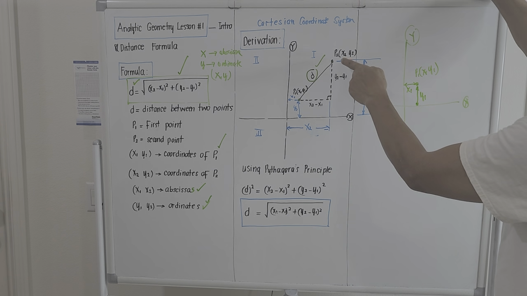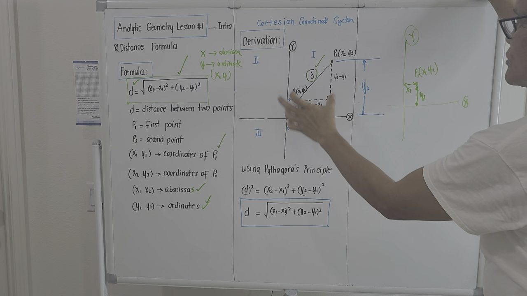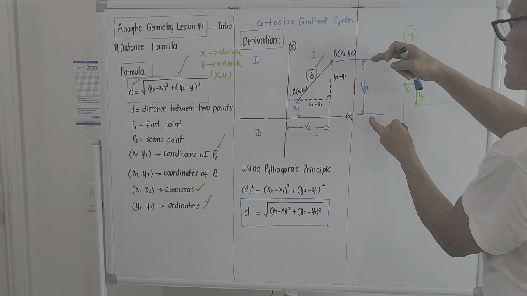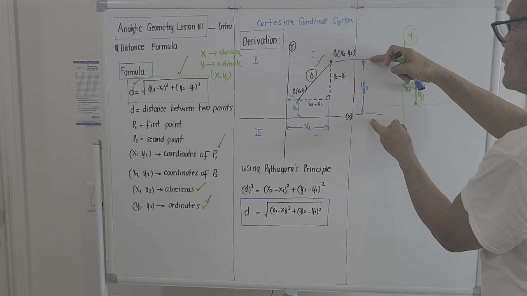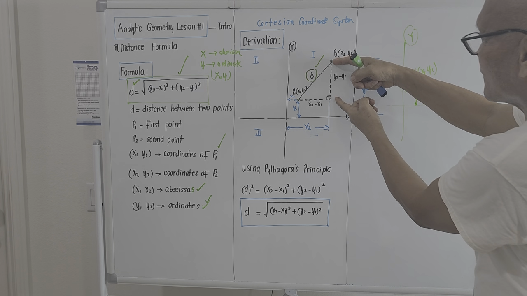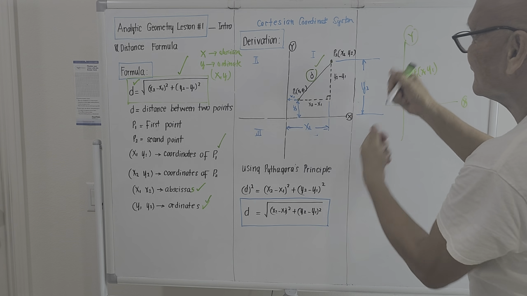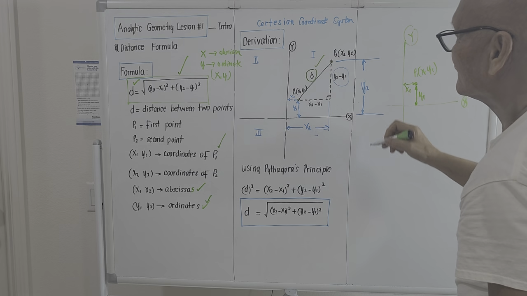The location of point P2 with respect to the y-axis, this is x2, and its distance from the x-axis is actually represented by y sub 2. So if we try to get the length of this one, it should be y sub 2 minus y sub 1. Right?